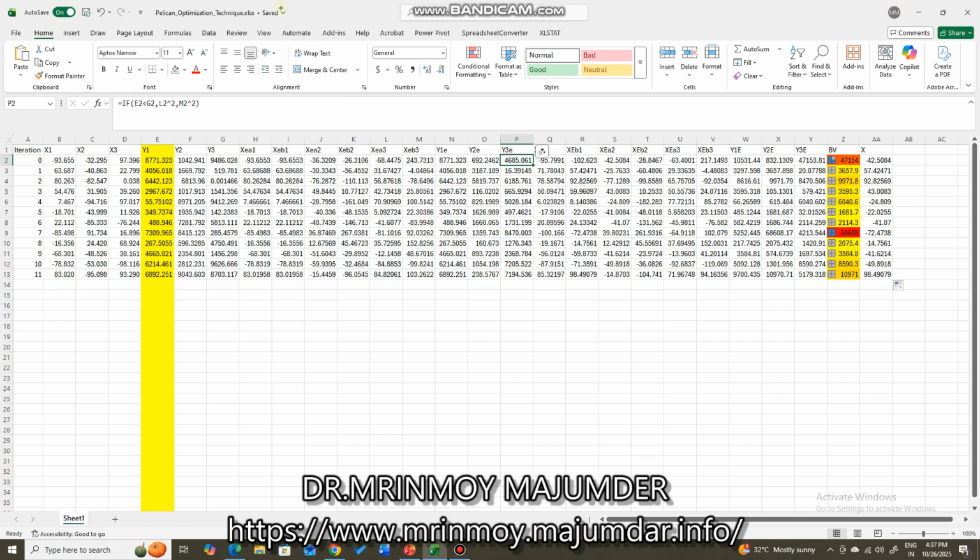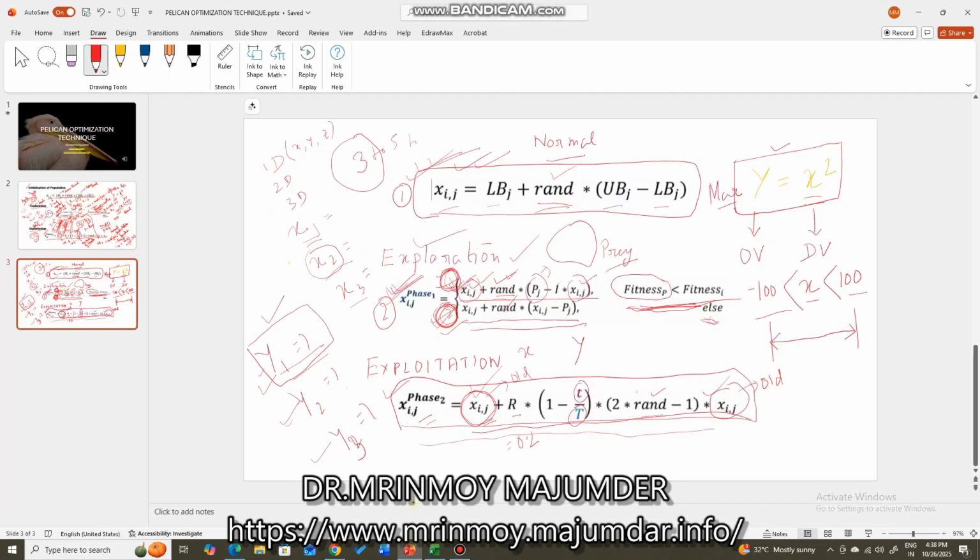Remember, you begin with the initialization phase, then move towards the exploration phase, then towards the exploitation phase. All are updations. So you cannot ignore the updation done in the exploration phase. You have to consider that also.